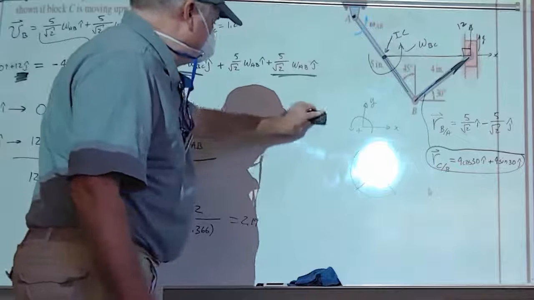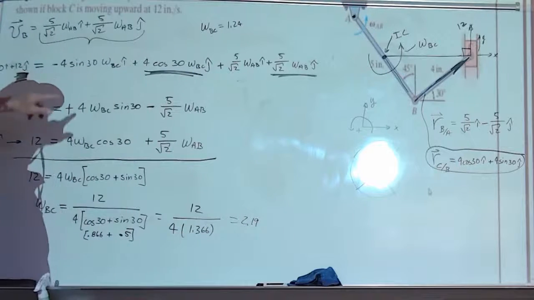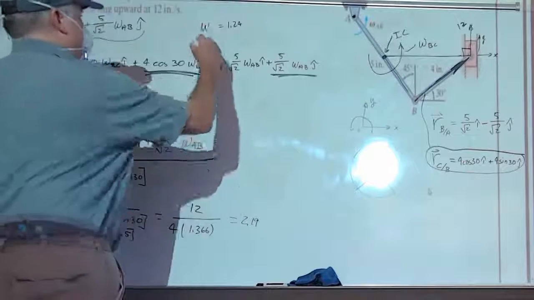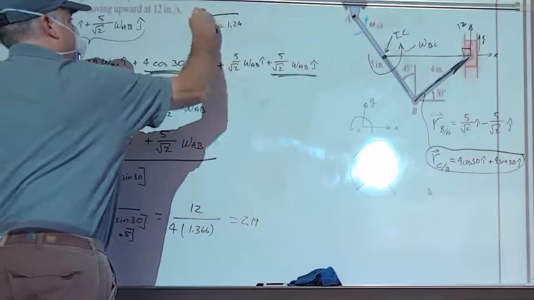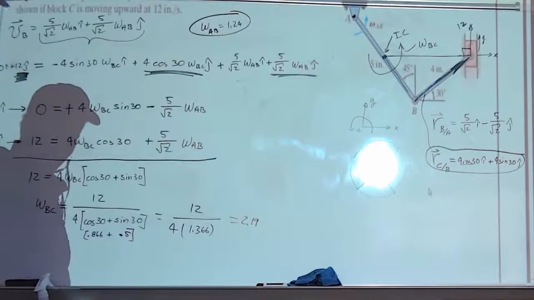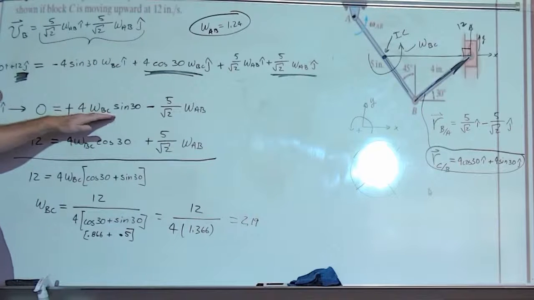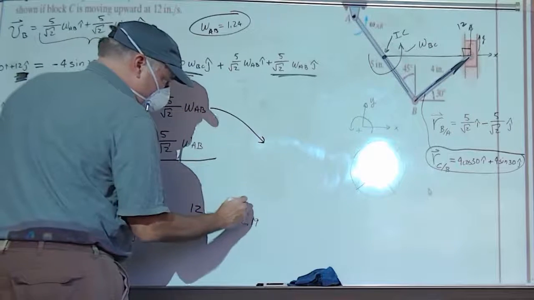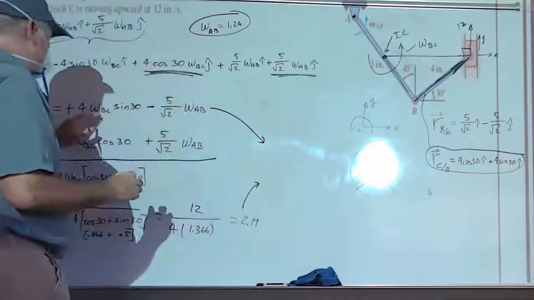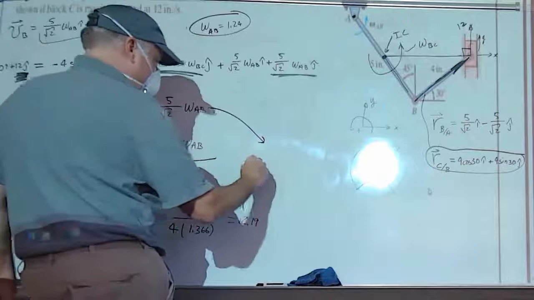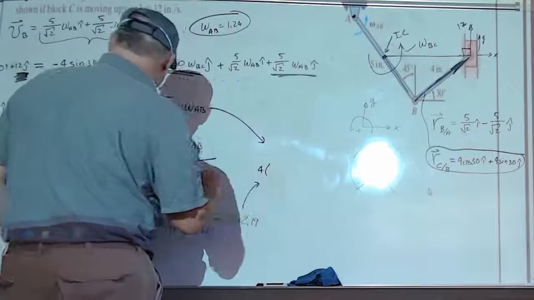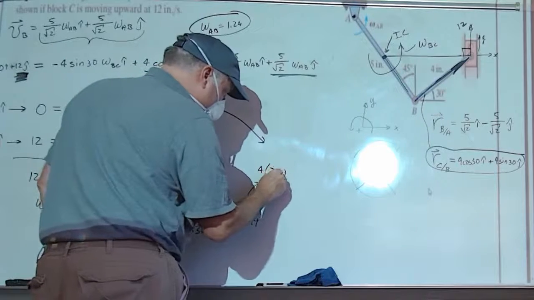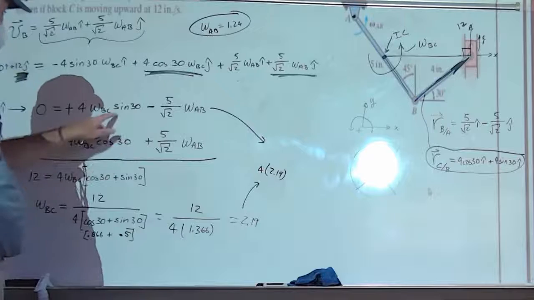So that's omega BC. This is not, this is the omega AB. Not sure I'm wrong yet. So now, if I take this equation and move that over, so now I take this and this together to get 4 omega BC, which is about 2.19. There were extra digits.